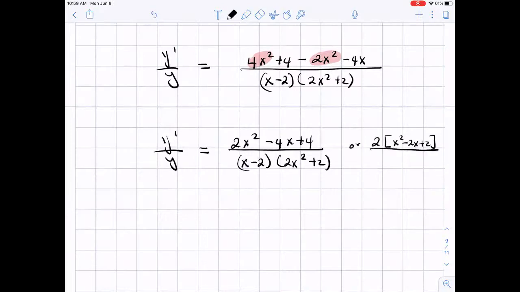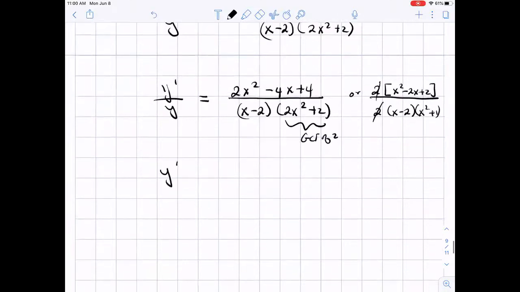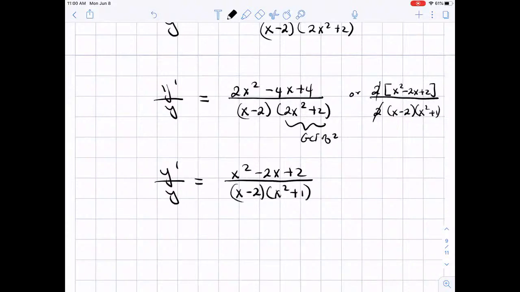And the bottom I can also factor out a 2, right? We have a GCF of 2. So this becomes 2 times x minus 2 times x squared plus 1. And then this 2 can cancel with that 2. So we have y prime over y is equal to x squared minus 2x plus 2 divided by x minus 2 times x squared plus 1.